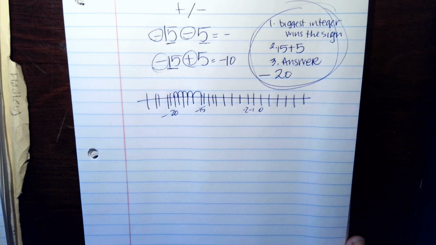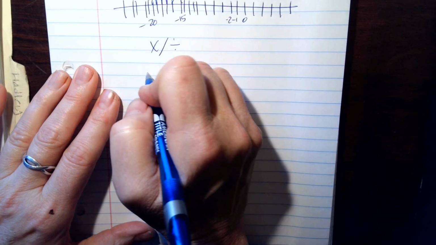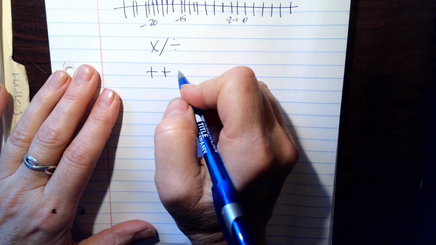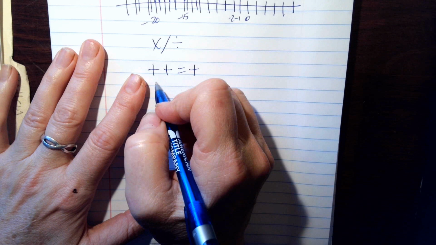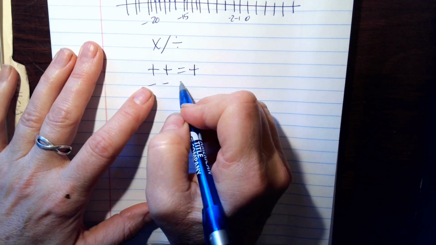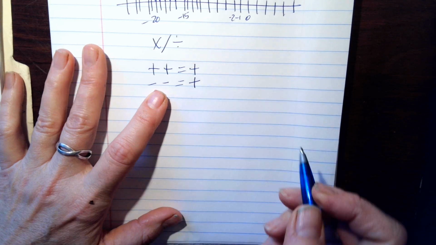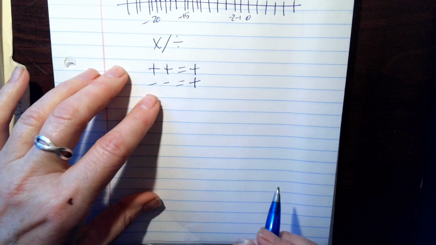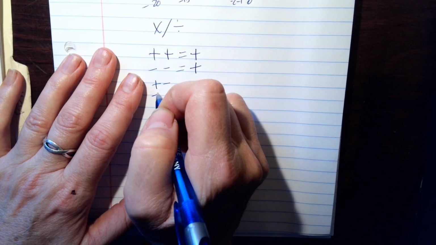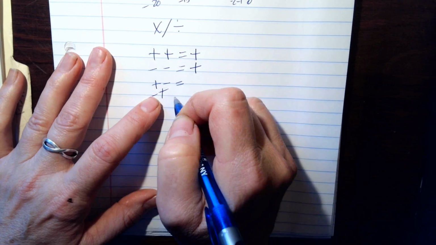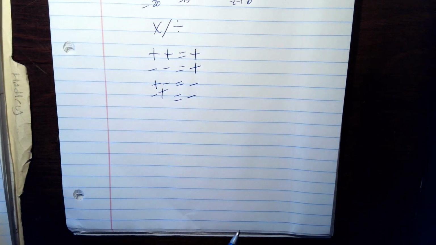When we're multiplying and dividing, then we use, if a positive and a positive person is having a conversation, it's a positive experience. If a negative and a negative person is having a conversation, the experience is positive for them. If a negative and a positive person or a positive and a negative person are having a conversation, the conversation is negative for both of them.